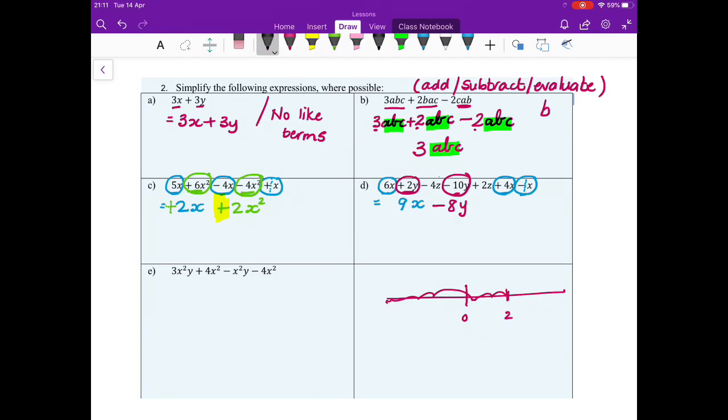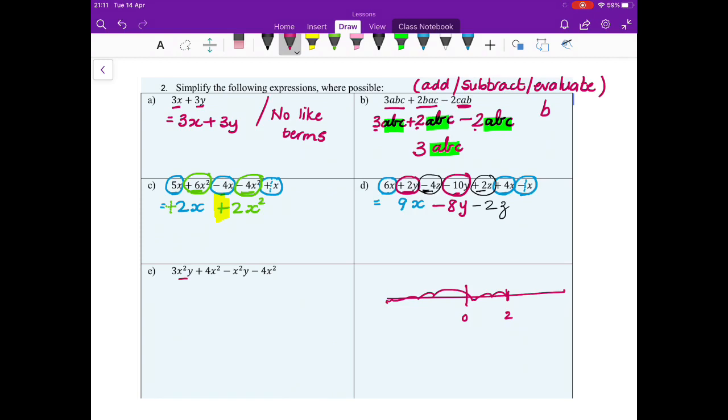Take another color. This is my Z term, and I have another Z term, so I write down the family name of Z. Minus 4 plus 2 is minus 2Z. It's a trinomial. It has 3 terms.